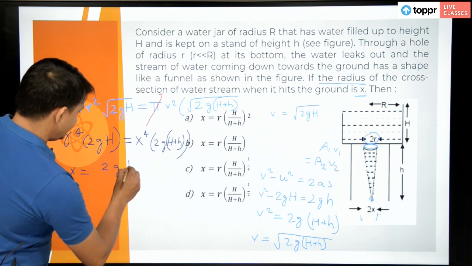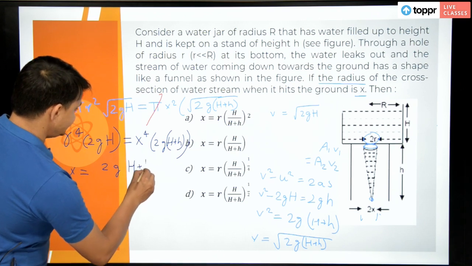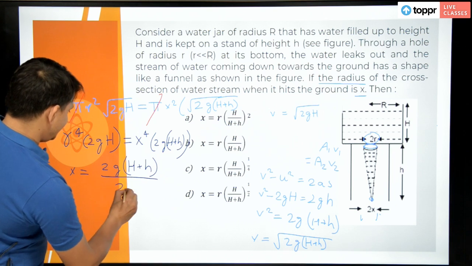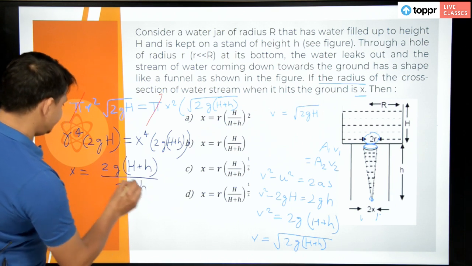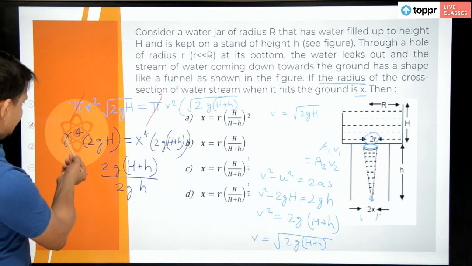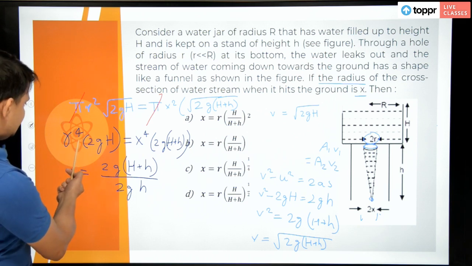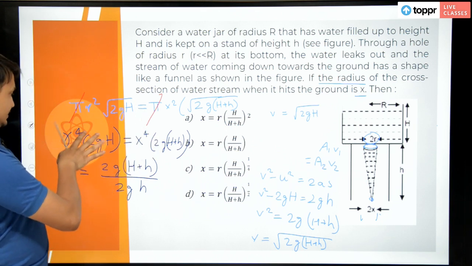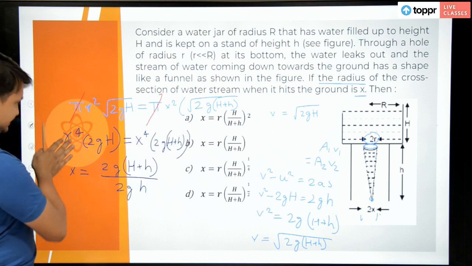Sorry, x would be equal to this quantity divided by this quantity here.